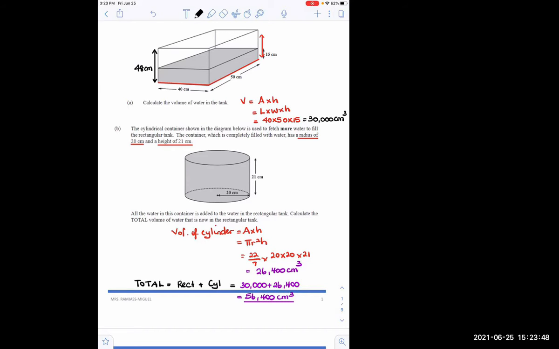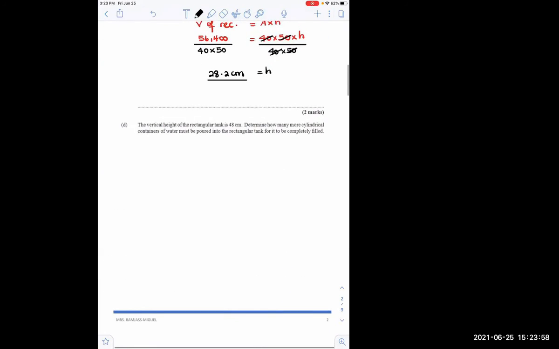We want to know how many cylinders I must use to fill the container, because I have water, but it is not completely filled. So we have to find the amount of liquid to fill the tank.